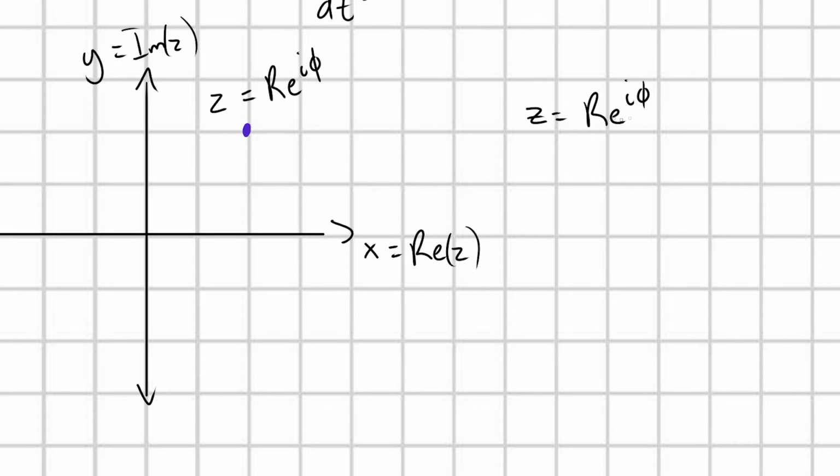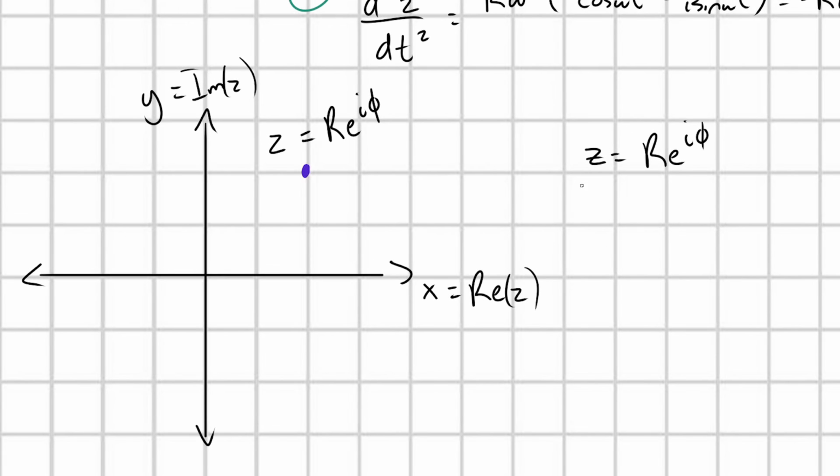We know that this on the right here is going to encode some kind of position of my particle, because if I plug in a value for phi and a value for r, maybe r equals 5 and phi equals, I don't know, pi over 2, we don't know exactly what this is going to do, but it's going to spit out some number. And in the complex plane, a single number is enough to represent a position.